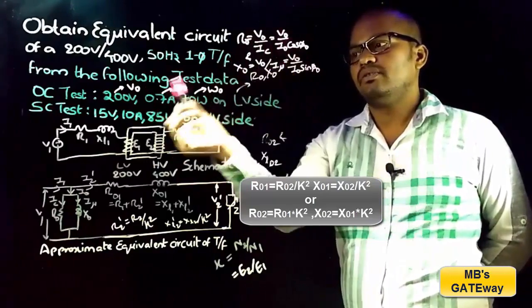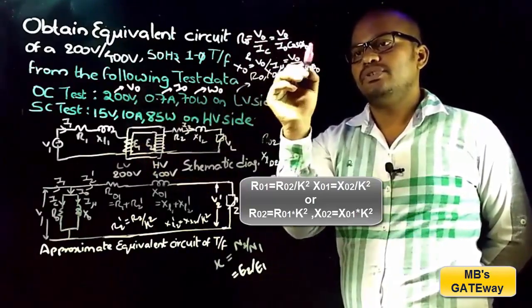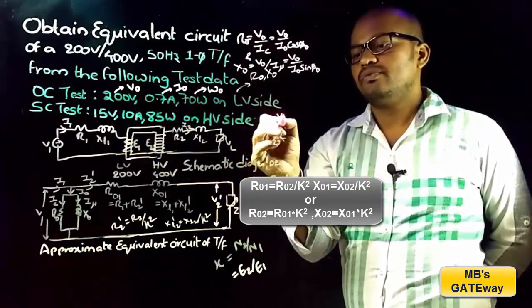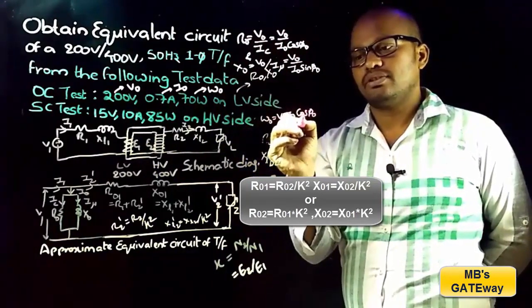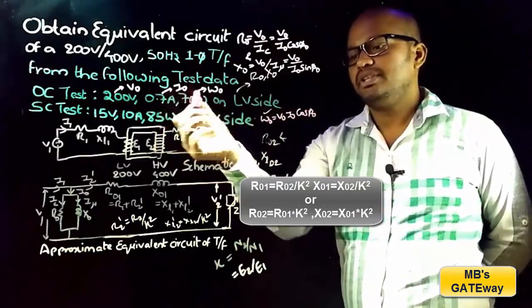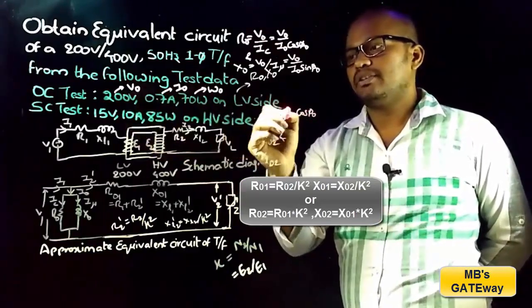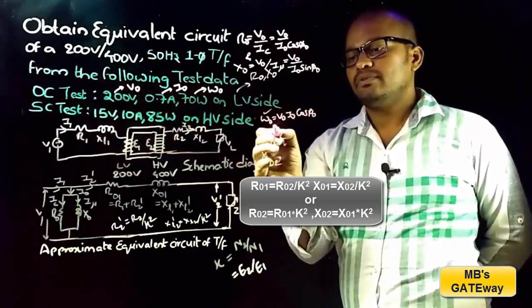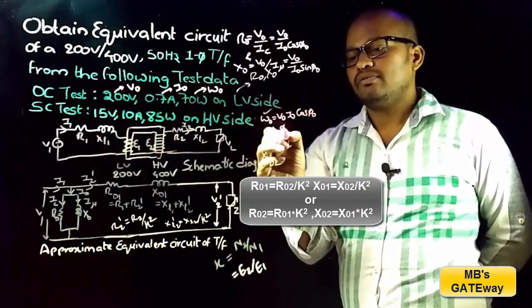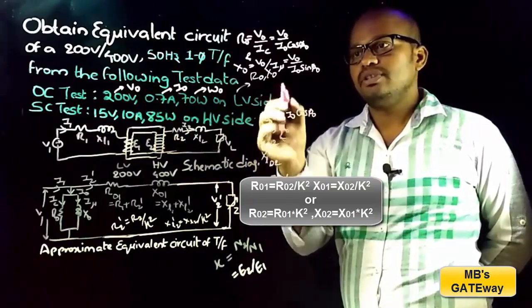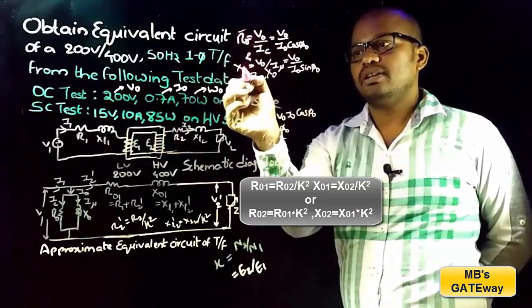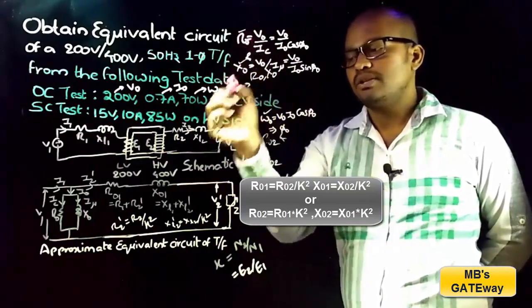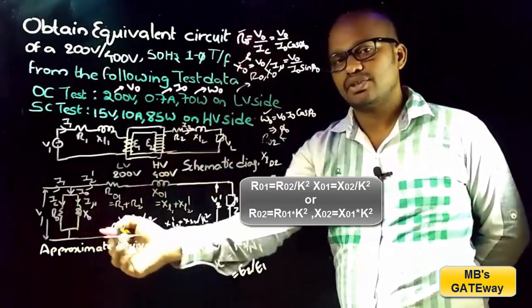V0 and I0 are the given data, so we need to find phi 0, and phi 0 is found by W0 is equal to V0 I0 cos phi 0. W0 is the wattmeter reading, V0 is the voltmeter reading, and I0 is the ammeter reading from the open circuit test data. So we can get phi 0, and by using this we can find R0 and similarly X0, which are the shunt branch elements of the electrical equivalent circuit of transformer.